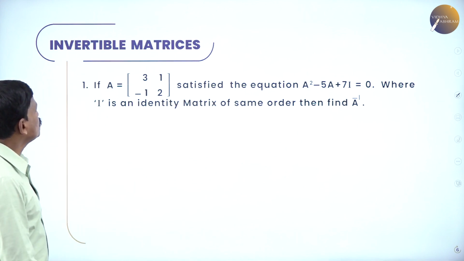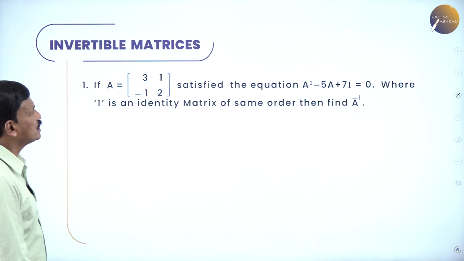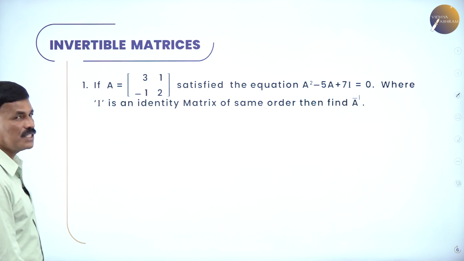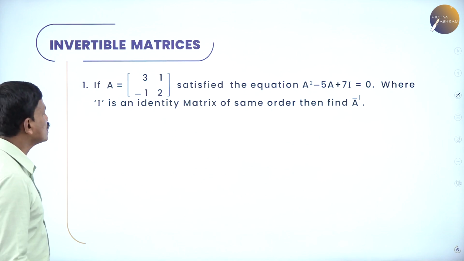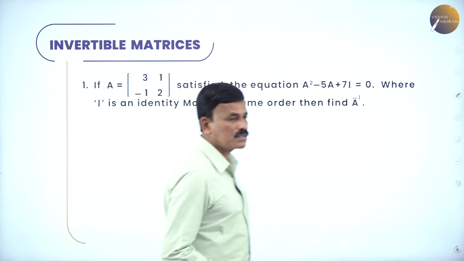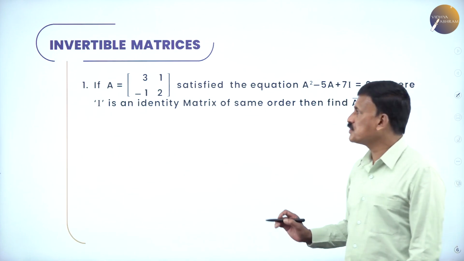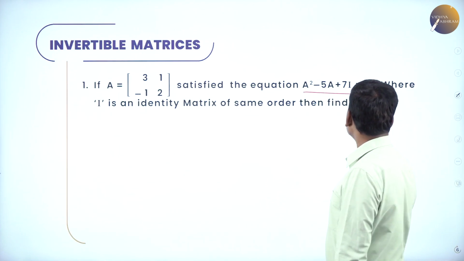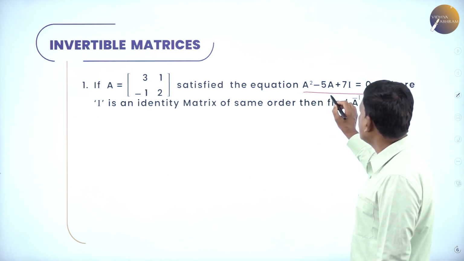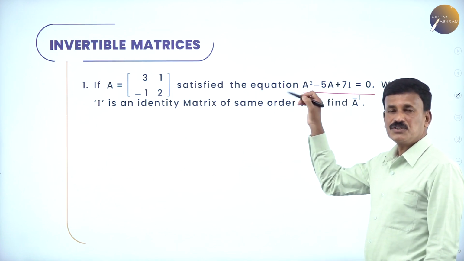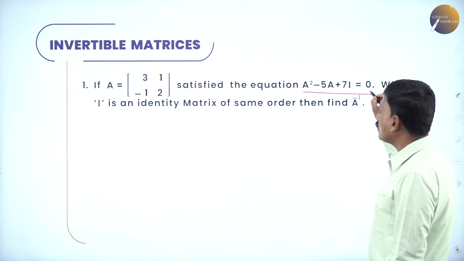So, if A is equal to the matrix 3 1 minus 1 2 satisfies the equation A square minus 5A plus 7I is equal to 0, where I is an identity matrix of the same order, then find A inverse. See, what happens in this problem: usually students get confused and start solving this equation. They find A square, which I did in the last class, then A square minus 5A plus 7I, simplify and prove it equals 0.